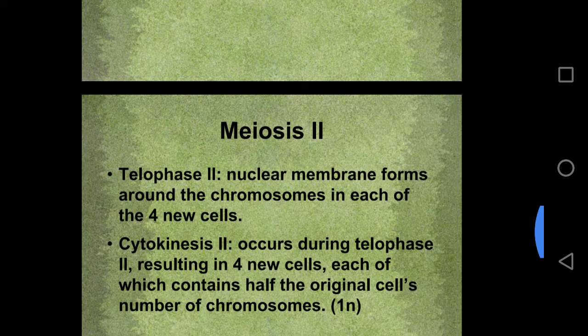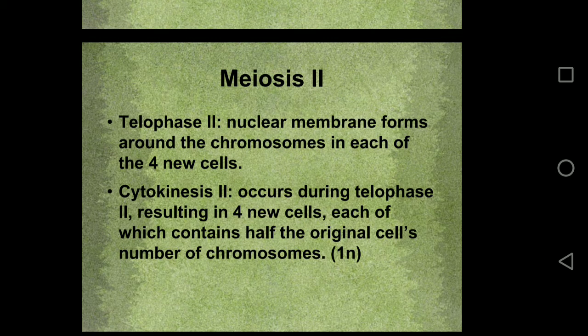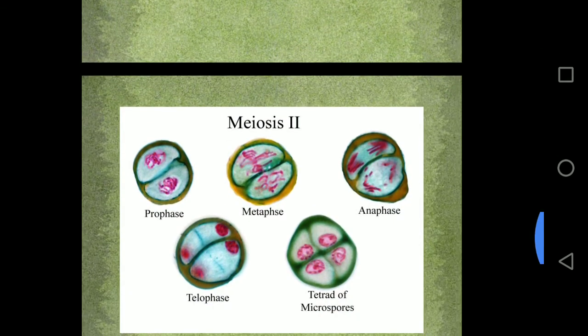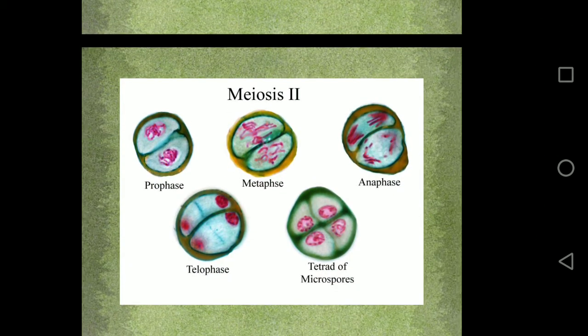So these slides highlight what takes place in each of the meiosis 2 steps. It tells you the products. So here's a good picture of meiosis 2. You have prophase 2, metaphase 2, anaphase 2, and then telophase 2, and what you have at the end of meiosis 2 is 4 haploid gametes.